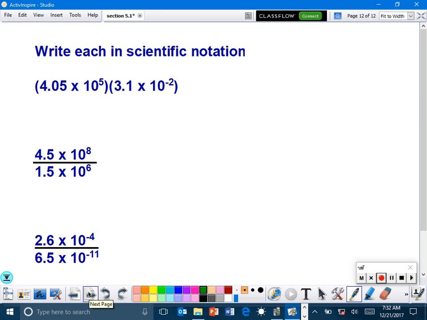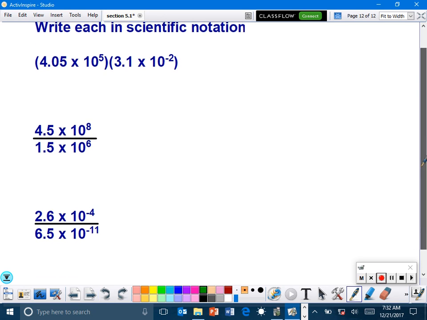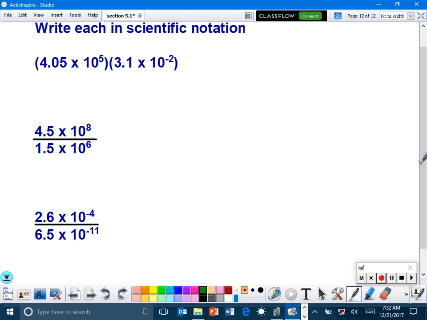Okay, 3 more examples. So you have a problem like this on your worksheet and in your book assignments. You can actually type this in like you see it.